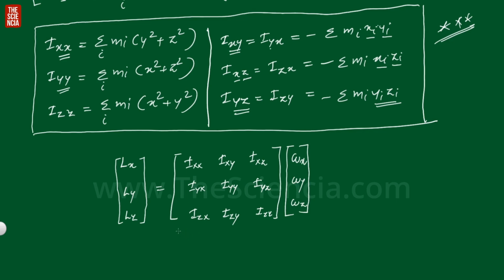Here this matrix is called our moment of inertia tensor.